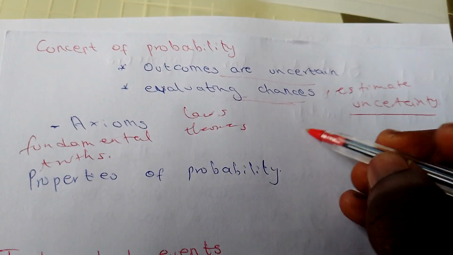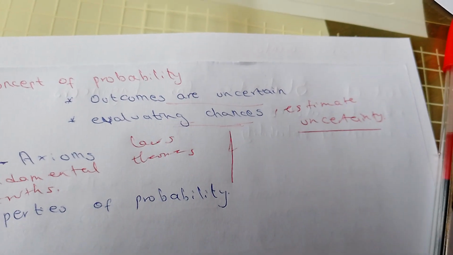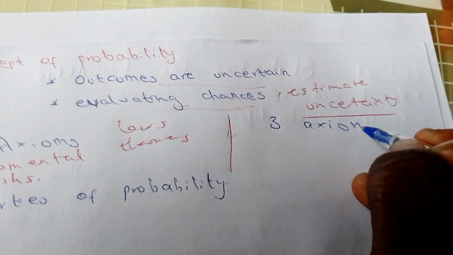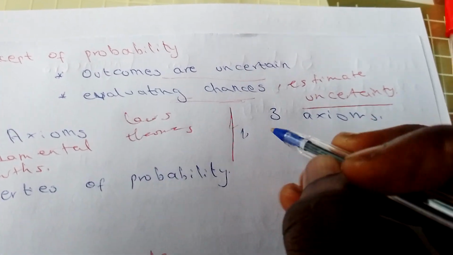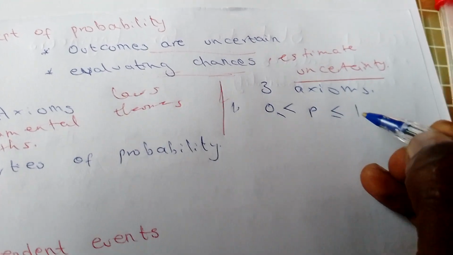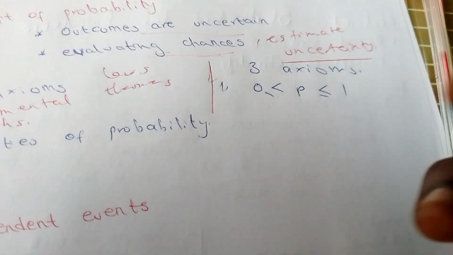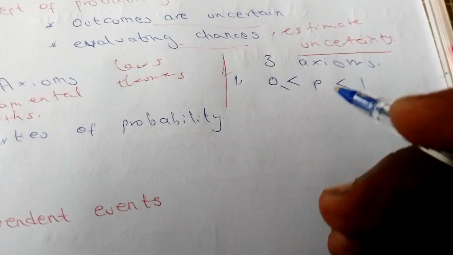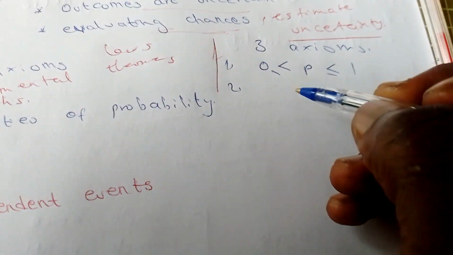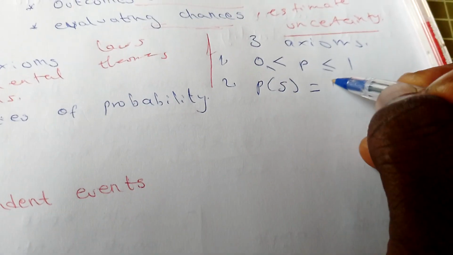So when we come to probability, there are majorly three axioms in probability. Now the first one is that probability is always between 0 and 1. So the chance that something can happen is always from 0% to 100%. You have another axiom that says that the probability of a certain event equals 1.